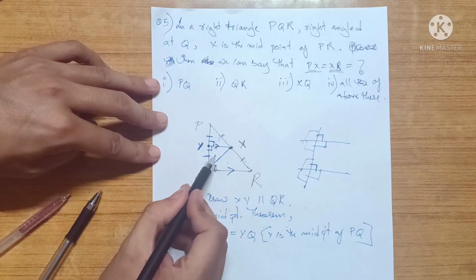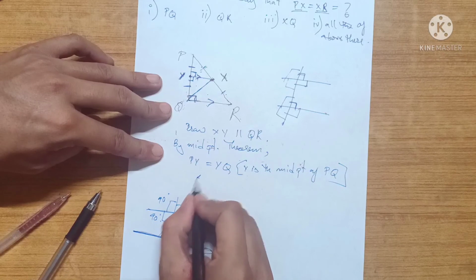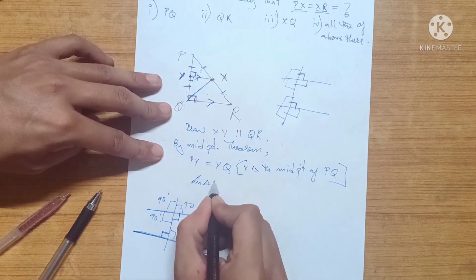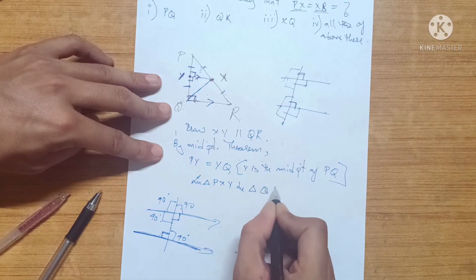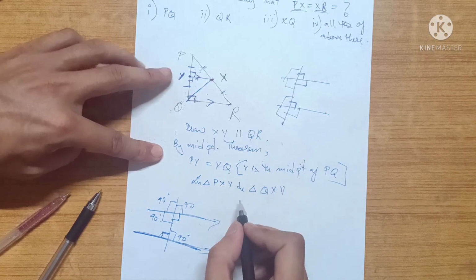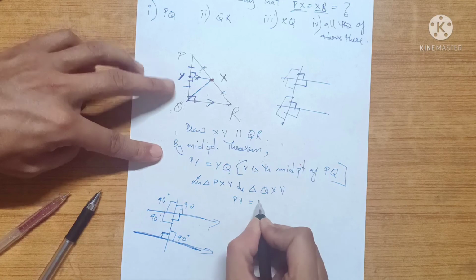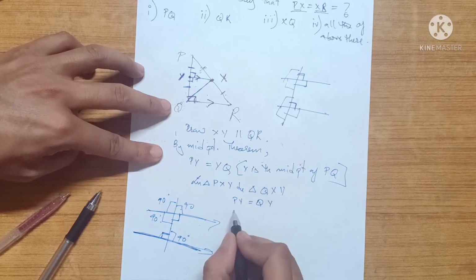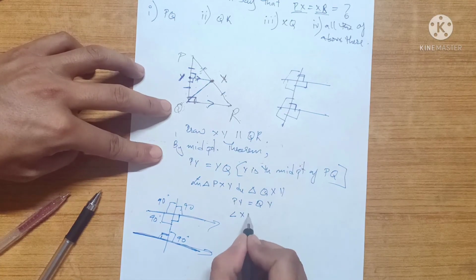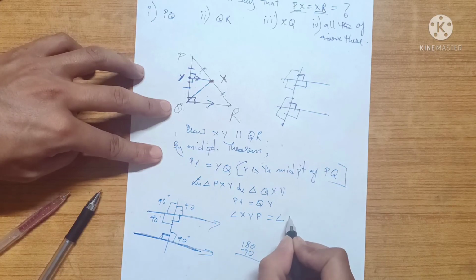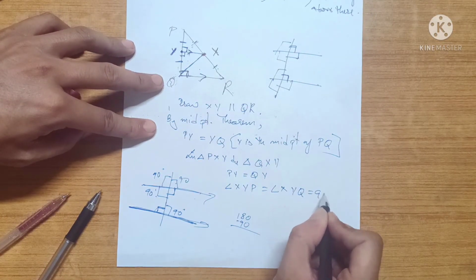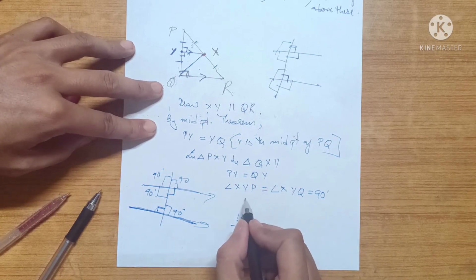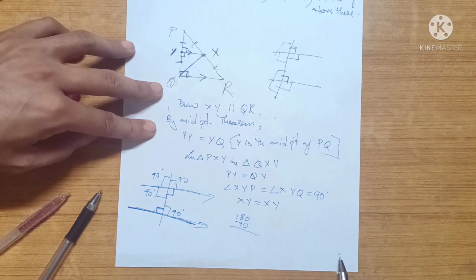So if you take triangle PXY and triangle QXY, you could say PY equal to QY, angle XYP equal to angle XYQ equal to 90 degree, and XY equal to XY, which is common.